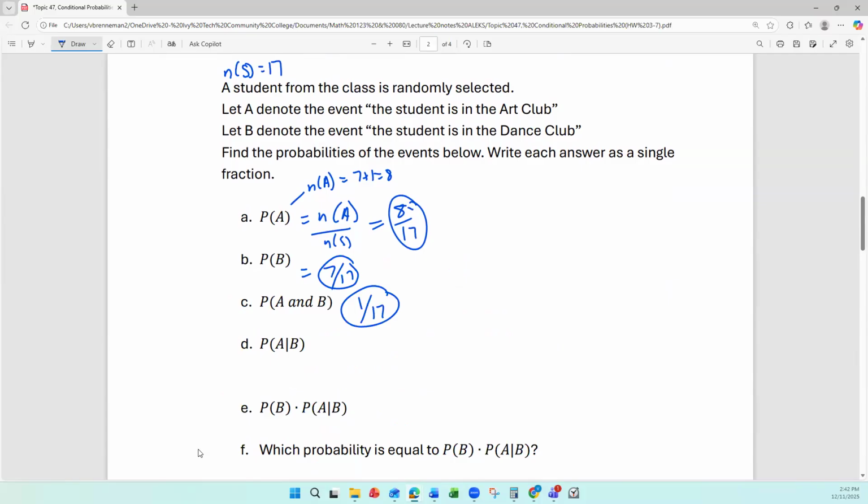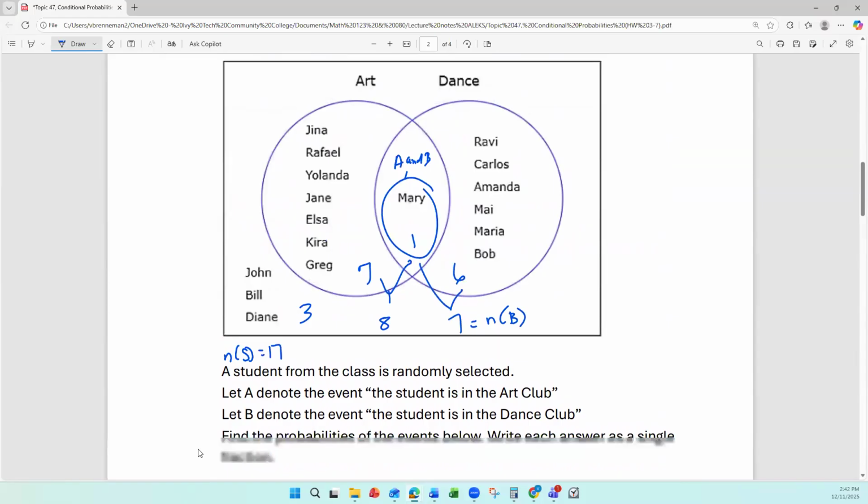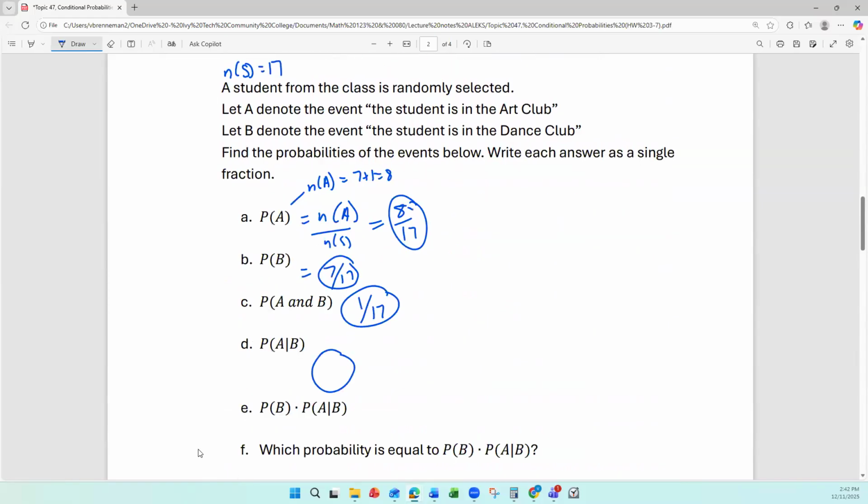P of A given B is that we are narrowing down to just the B circle. So just the dance circle. And we have the A within B that was Mary. One person out of the whole dance circle had 7.